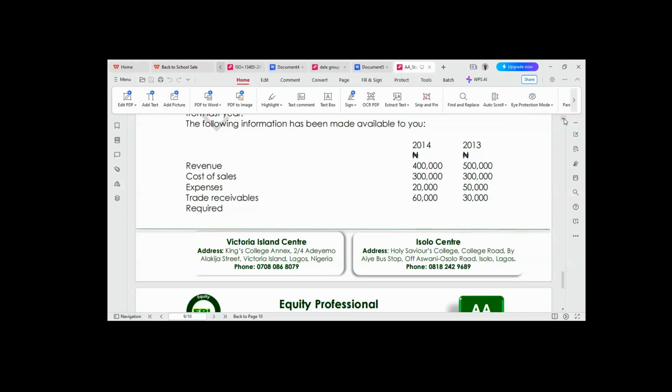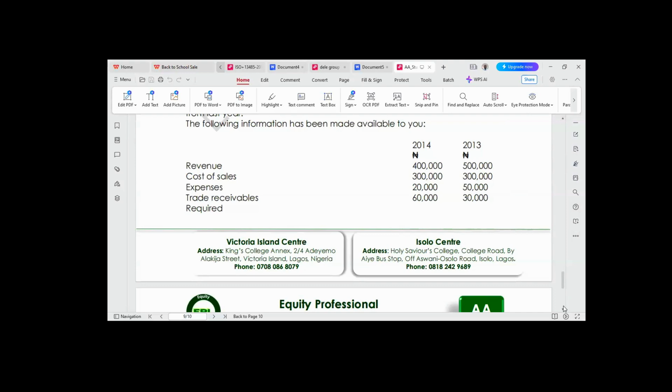Another way you can compute the ratio is to look for the difference and divide by the base year. The difference between 500 and 400 is 100. So 100 divided by 500, that's 20%.